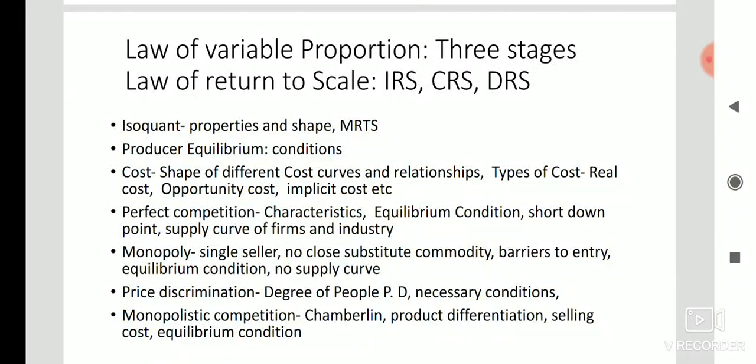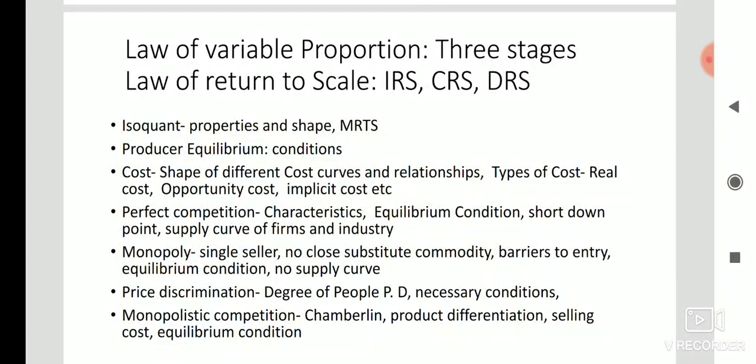Constant return means if output increases by the same proportion as input, a 20% increase in input leads to a 20% increase in output, then it is constant return to scale. And diminishing return to scale means if output increases less than proportionately to the increase in input. Suppose input increases by 20%, but it leads to an increase in output by less than 20%. That means the law of diminishing return to scale operates.